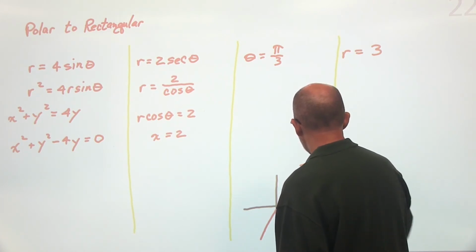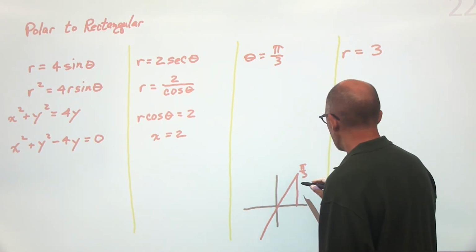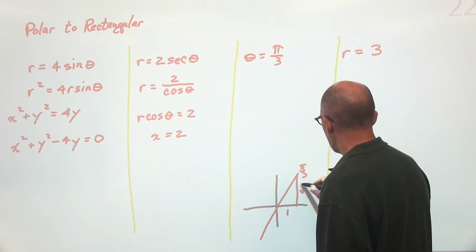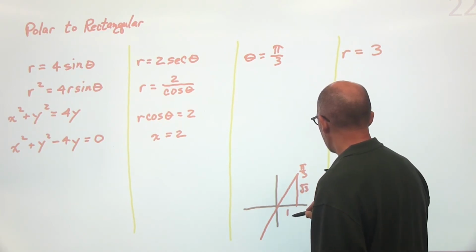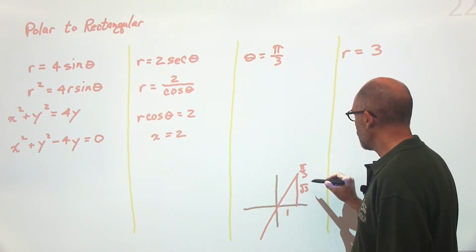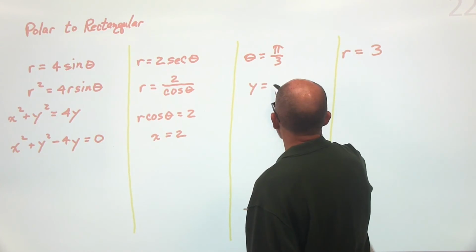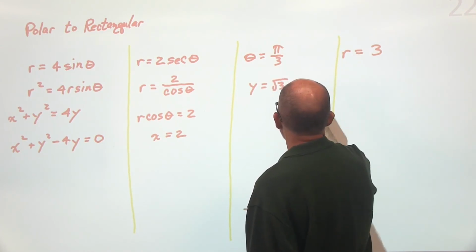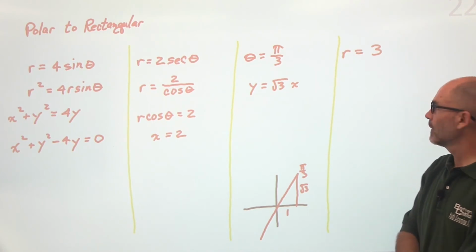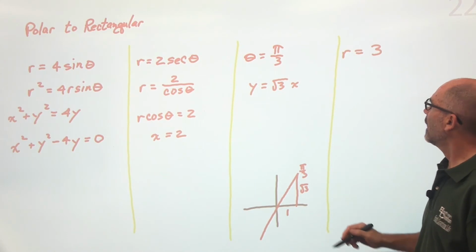There's pi over 3. And so what I want to do is, I know this is a 30, 60, 90, so this makes this 1, that makes this square root of 3. And so I can just say I've got a line with a slope of square root of 3 over 1, which is y equals square root of 3x. That's it, game over.